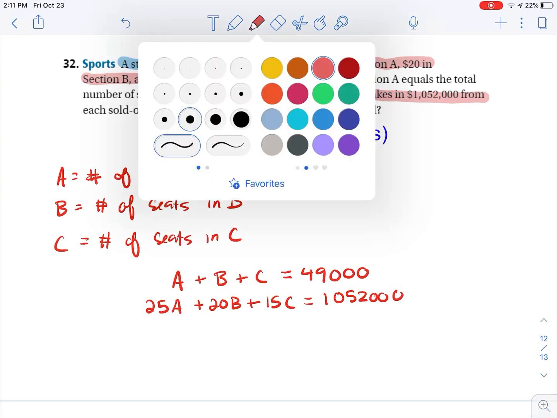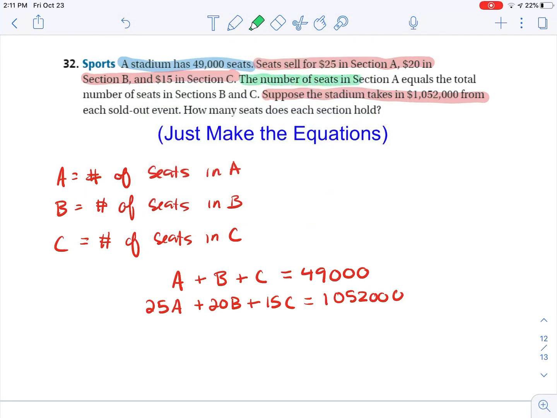And for my last relationship, the number of seats in section A equals the total number of seats in section B and C. Okay? A has to be equal to B plus C. Okay, so those are my three equations.